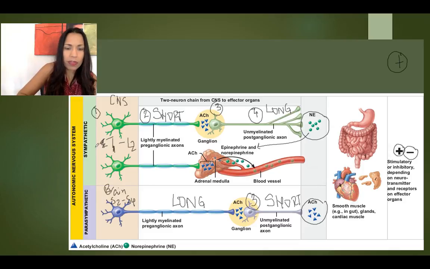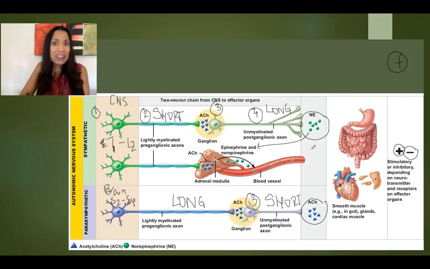Both sympathetic and parasympathetic have stimulatory and inhibitory actions. And these actions depend on what type of neurotransmitter you are releasing, what receptor this neurotransmitter is interacting with, and the organ it is interacting with.